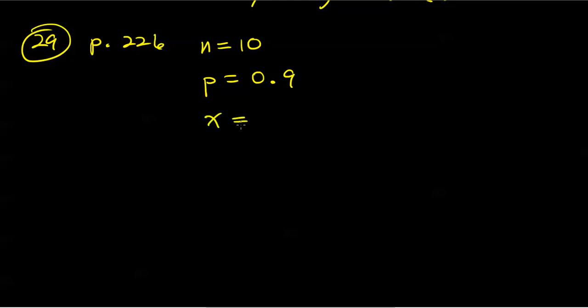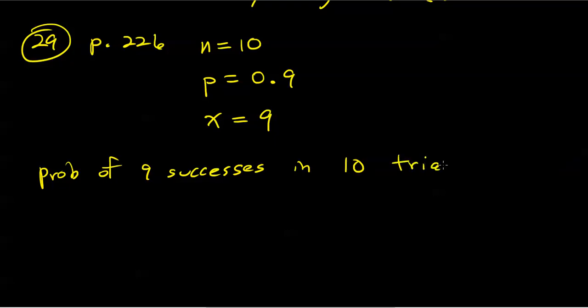And the desired number of successes we're looking for is 9 successes in 10 trials, where a success is recognizing Mrs. Fields' name.